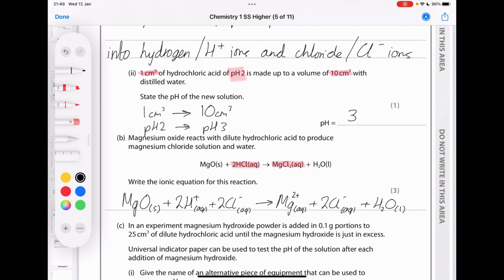The only thing that is a spectator ion here is the chlorides, so I should remove my 2 lots of Cl minus, and therefore if I neaten this up slightly, my final answer is magnesium oxide and 2 lots of H plus react to give magnesium 2 plus and water.